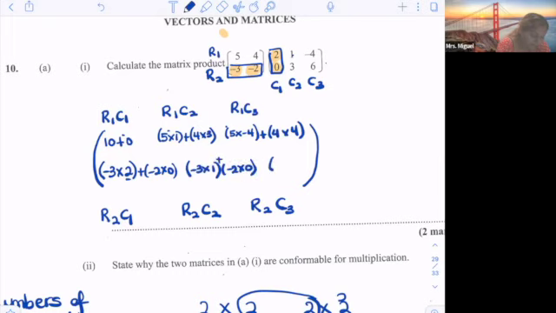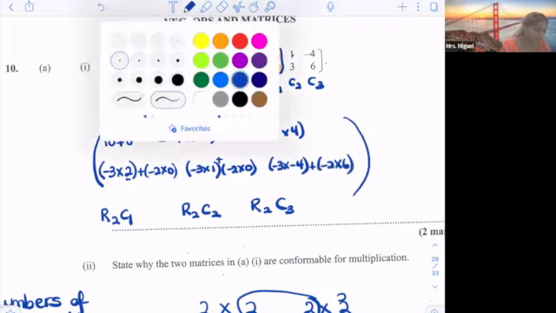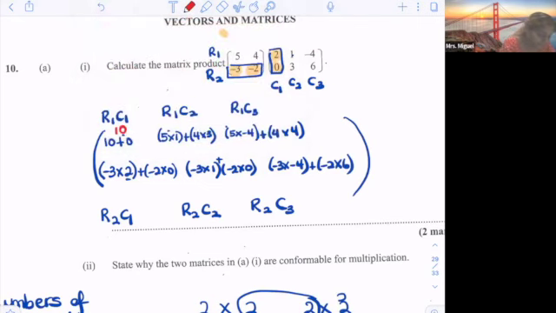Then we have minus 3 by minus 4 and minus 2 by 6. So let me try and simplify. 10 plus 0 is 10. 5 by 1 is 5 plus 12. So far we have 10, 17.